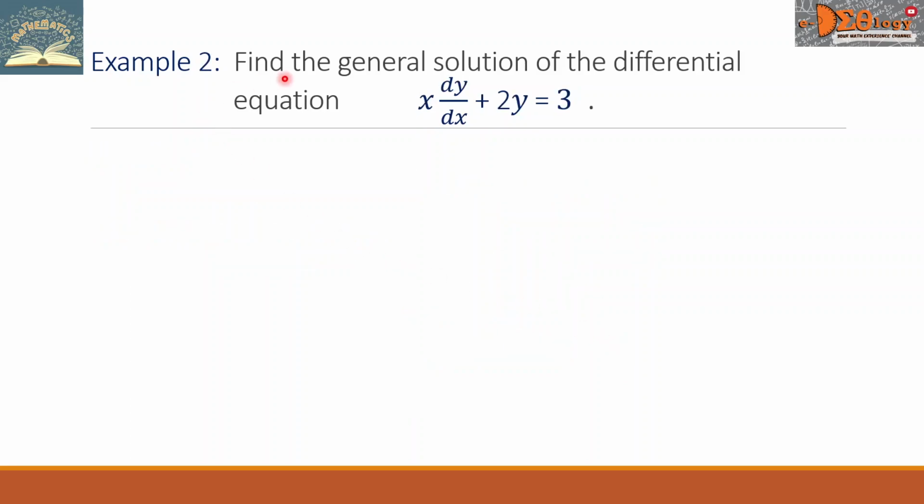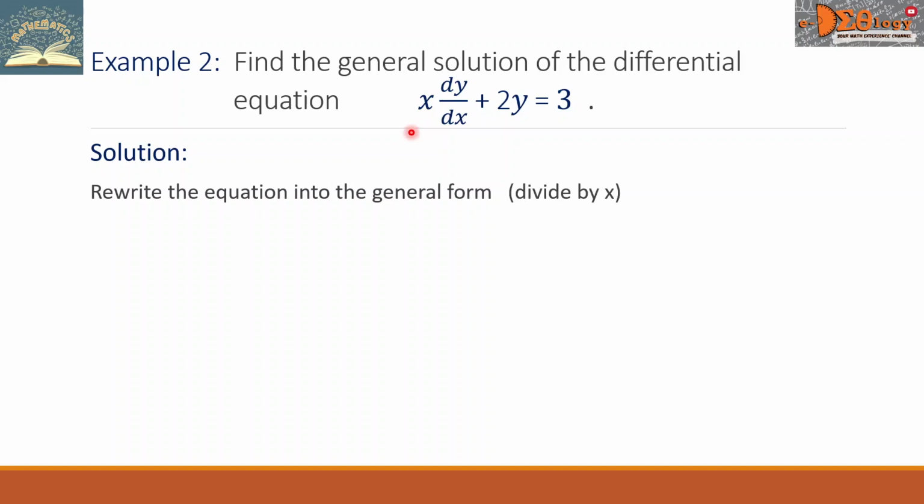Example 2. Find the general solution of the differential equation x times dy over dx plus 2y equals 3. First thing to do is to rewrite the equation into the general form. Because of this x, it is not in the general form. So what we'll do, we're going to divide this equation by x.